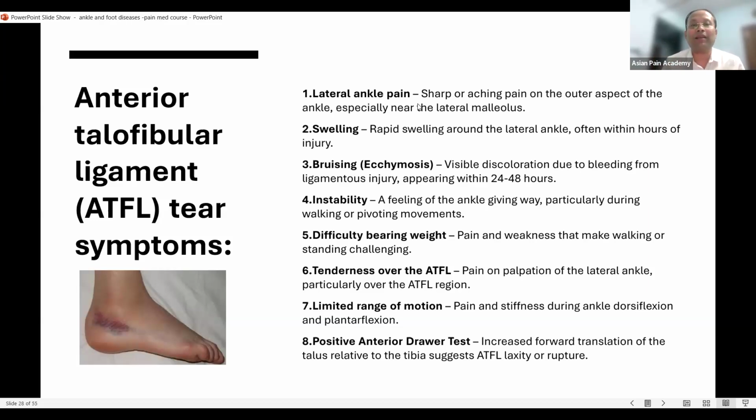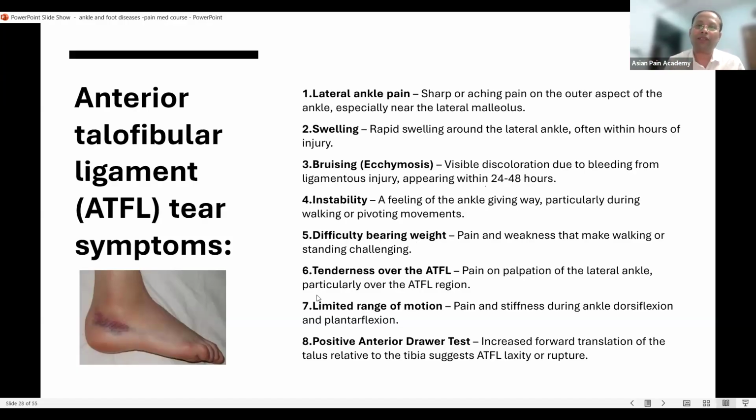So lateral ankle pain and swelling. Bruising, ecchymosis appears within 24 to 48 hours, so if the patient comes to you acutely, then only you will see bruising. Then instability, since it is a ligament tear, difficulty bearing weight, tenderness over the ATFL region. It is very common that you have to see by ultrasound where the location of the ATFL is.